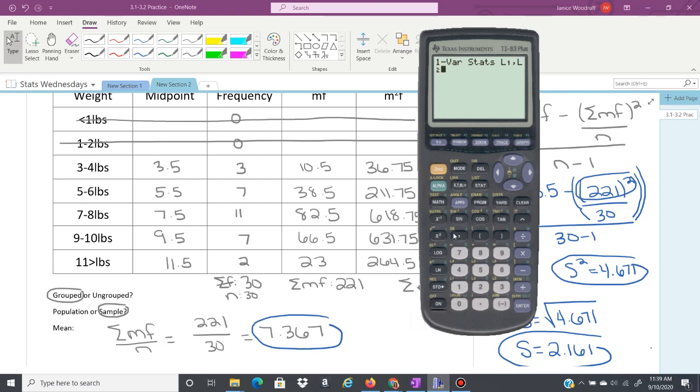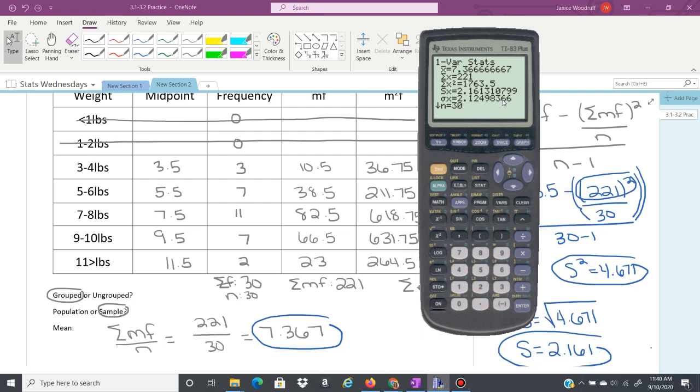Okay, so here's the comma button above the 7. So you're going to do second 1 for L1, comma, second 2 for L2. And then you're going to have your data. So your X bar is 7.366 or 367. Okay, you've got your sum of MF, sum of MF squared, sample standard deviation, population standard deviation.